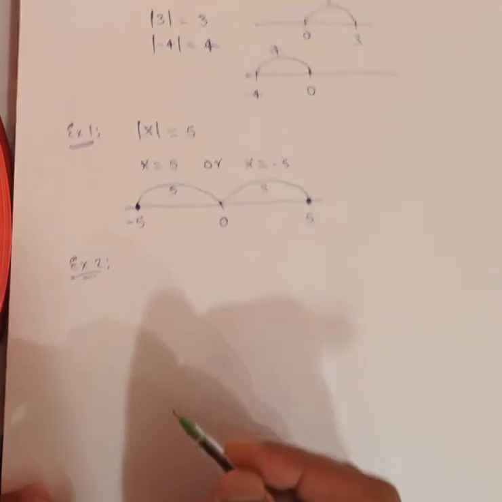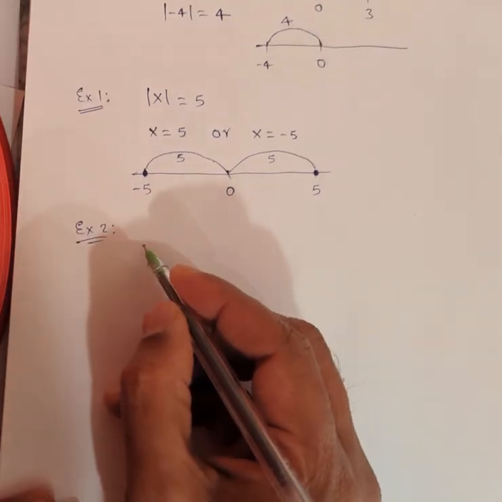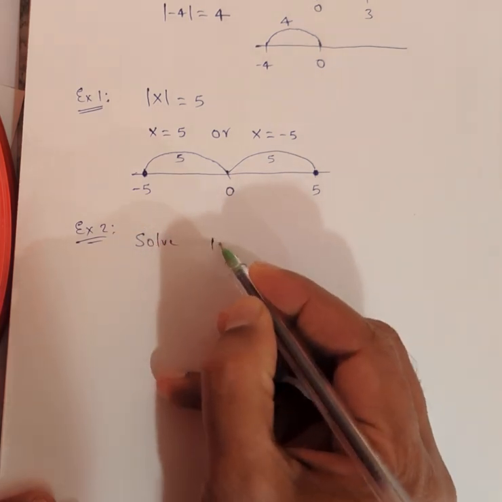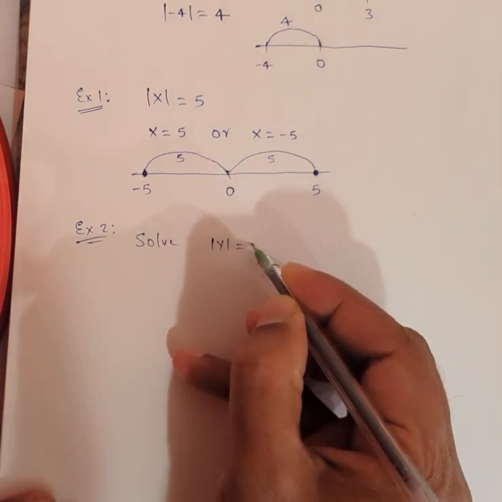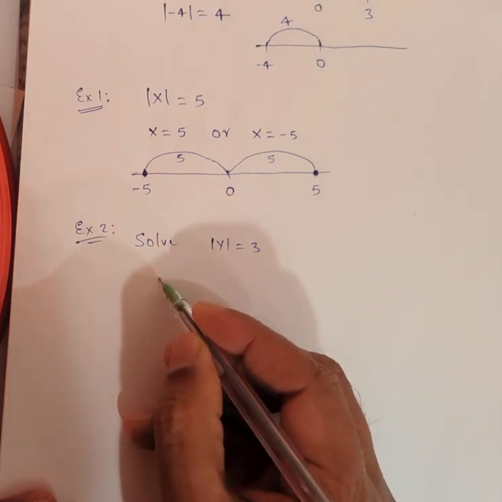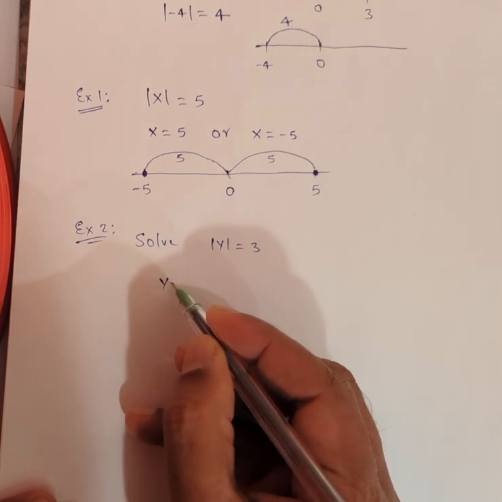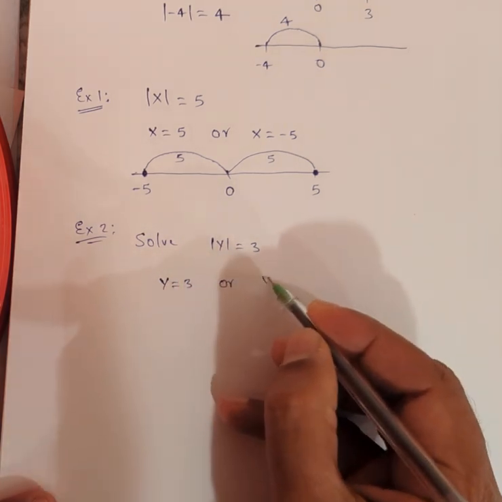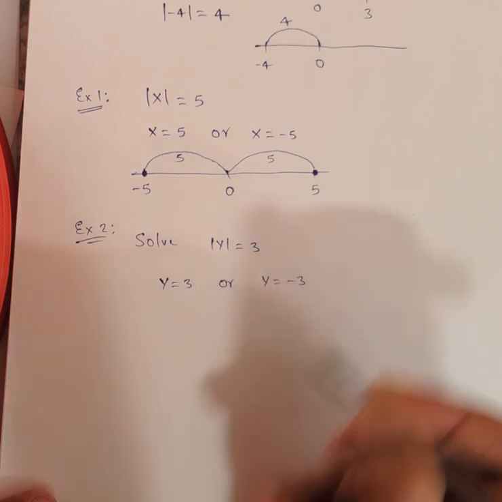Now, example 2. Solve absolute value of y is equal to 3. Well, the answer then, just like in the previous example, y is equal to 3 or y is equal to -3.